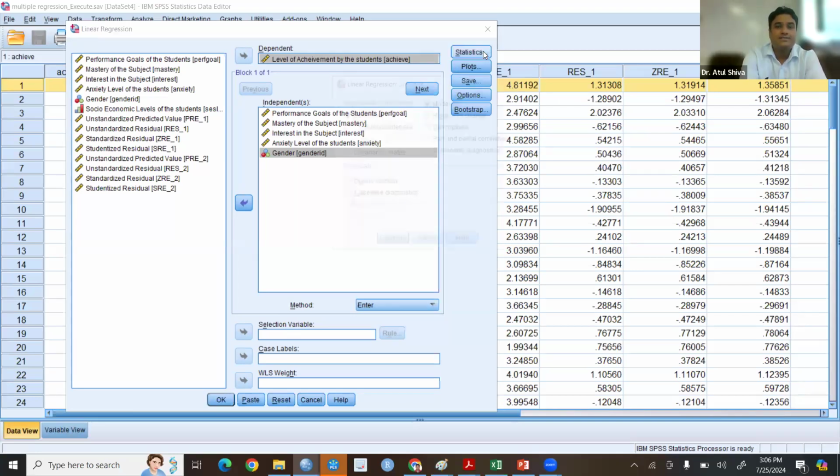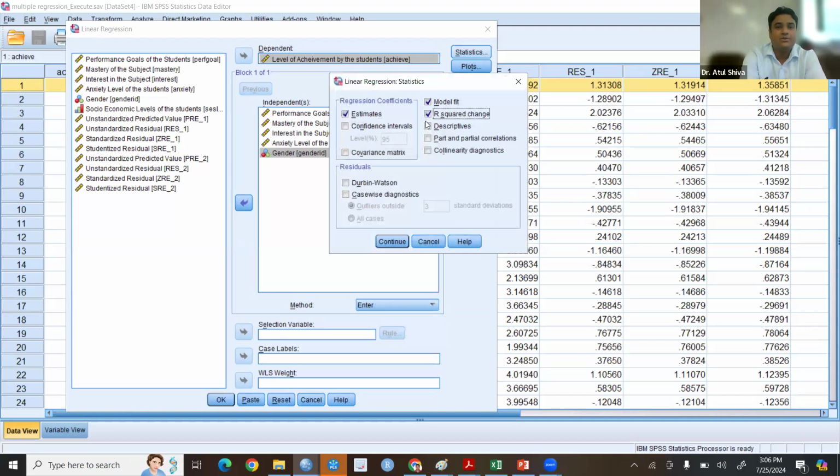So you need the statistics, you need the R square, you need descriptives. Just have a look at simple things. Model fit, R square, descriptives. Statistics. Click on statistics.